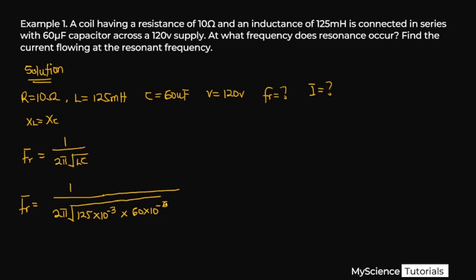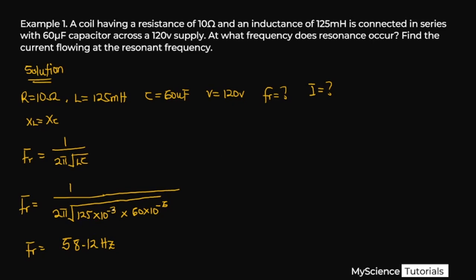So our resonance frequency is equal to 1 over 2 pi the root of 125 times 10 raised to the power minus 3 multiplied by 60 times 10 raised to the power minus 6, which will give us a frequency of 58.12 hertz. Okay, so 58.12 hertz is the frequency at which the resonance is occurring. So this is our resonant frequency.